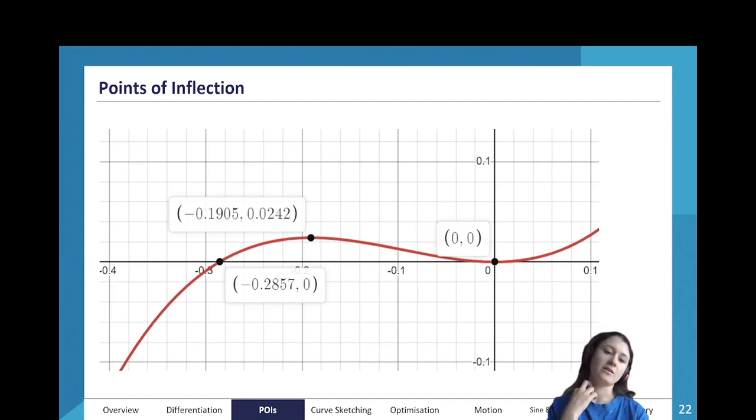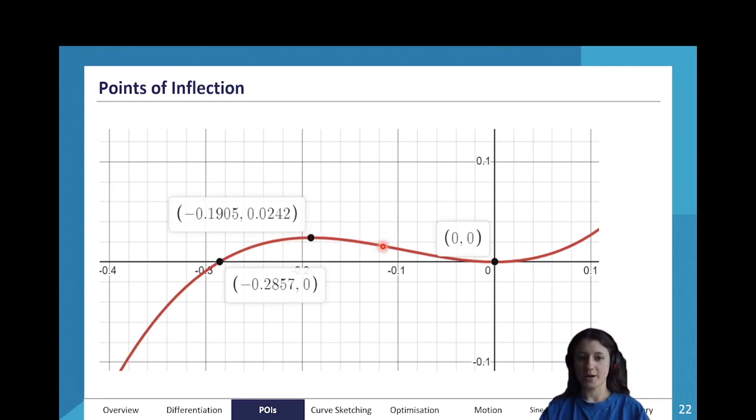So let's have a look at what our curve looks like. As you can see, we have our curve having concavity that is concave down through here. It has a stationary point here.